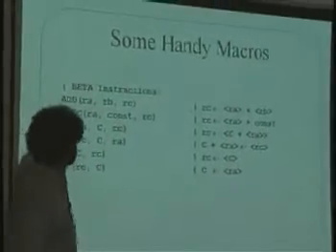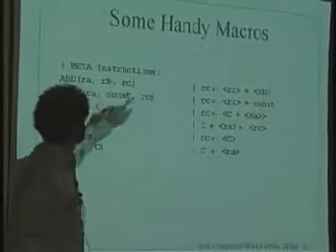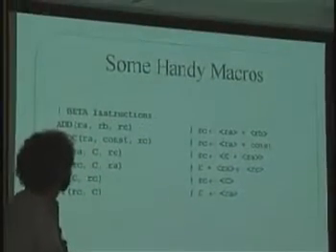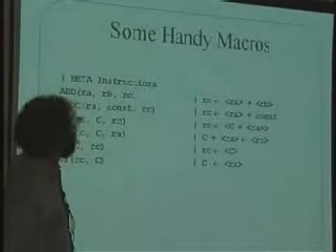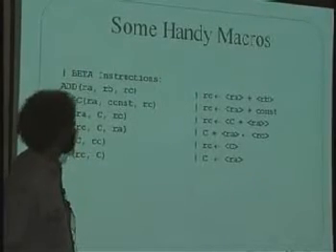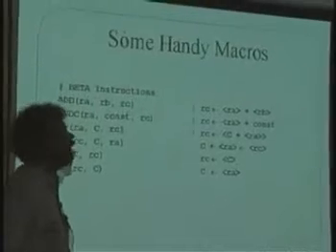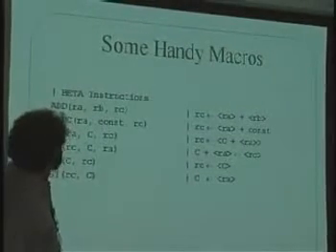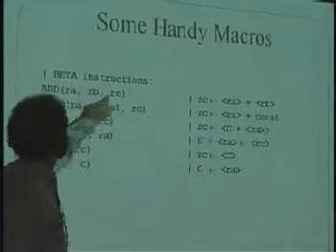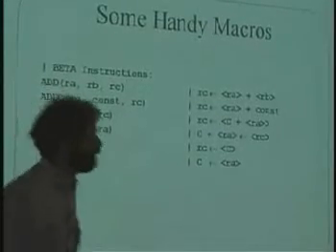So for instance, when I say add RA, RB, RC, add C, load, store, things like that, these are actually macros that are defined in a file called beta.uasm. And when you call them, it just invokes the macros and substitutes in whatever you write in the parameters here for the definition that it has.